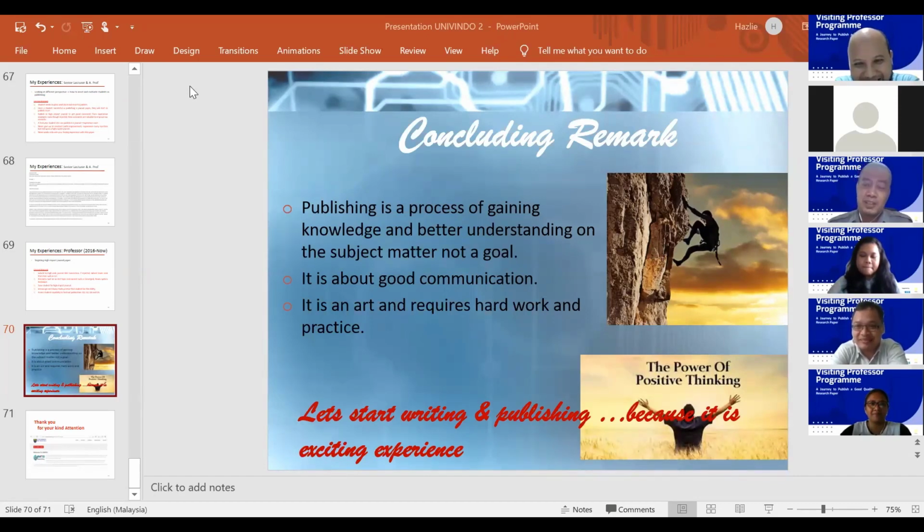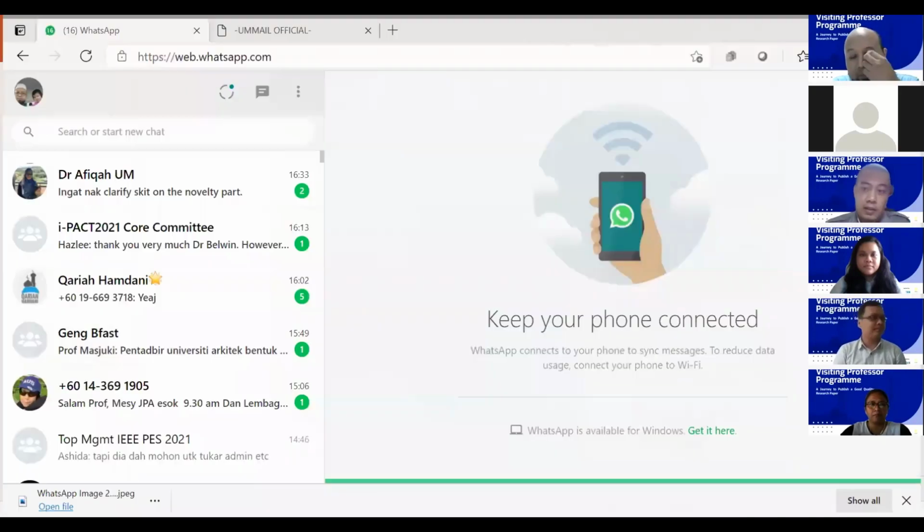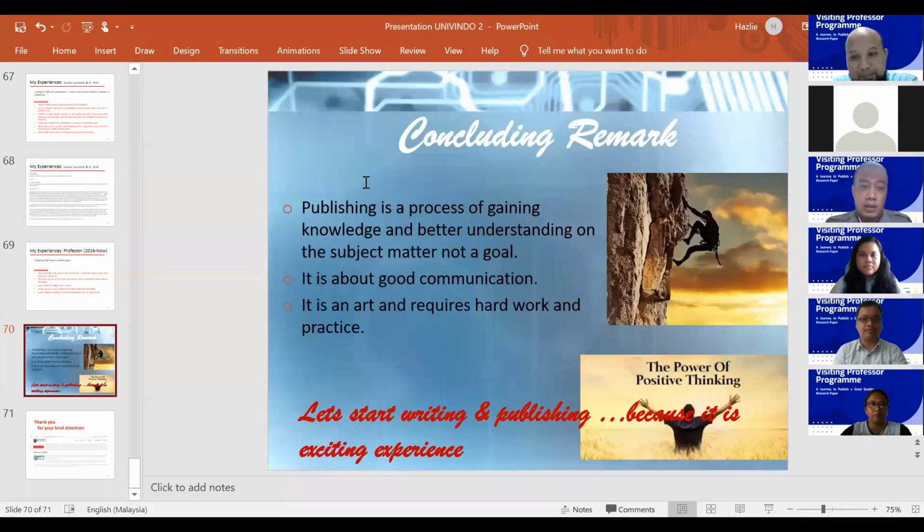And sometimes when we submit again 2-3 months after that, and the reviewer or editor is different, then we got accepted. We can try because we don't know how the process goes. And then we can try a high quality journal first, to get good comments, good review, good feedback, and then we can improve our manuscript, our papers. Okay, I think that's all from me.